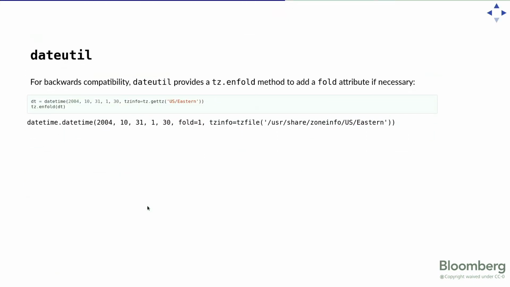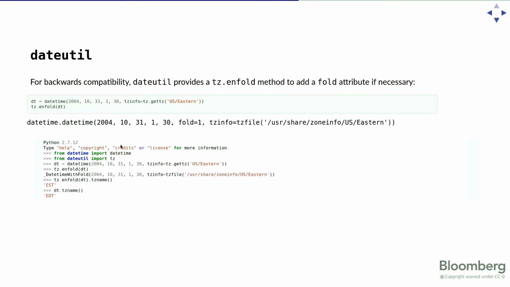Now, if you want to use a dateutil zone to represent an ambiguous time, you just have to set the fold attribute to 1. But there is no fold attribute if you're working with anything before Python 3.6. So dateutil provides a tz.enfold method that will create a datetime object that has a fold attribute no matter what version you're using.